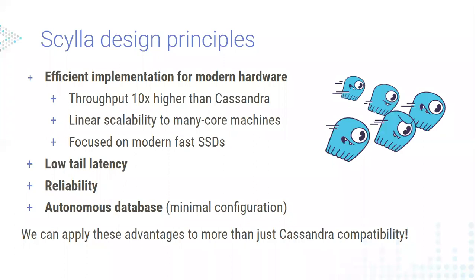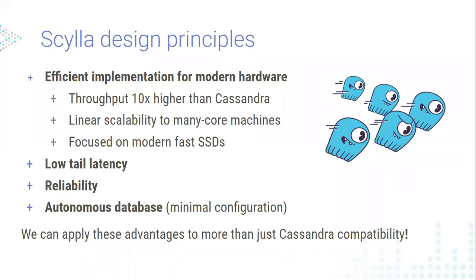And we got a throughput which is 10 times better than Cassandra had, and we have very low tail latencies. We also gave a lot of attention to the reliability of the database and to making it very autonomous, so it makes decisions on its own on what to do in the background and how much, instead of having to be configured by the user.